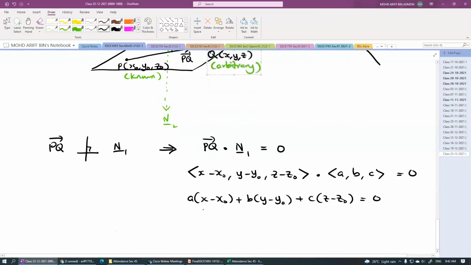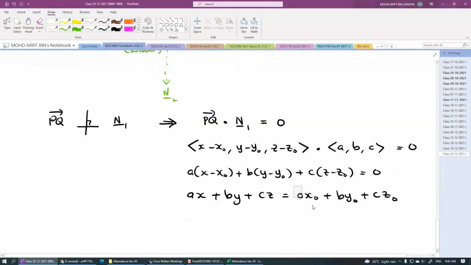So if we expand this equation, we can write in this form ax plus by plus cz. Then the negative terms we bring to the right-hand side, and they become positive: ax naught plus by naught plus cz naught.